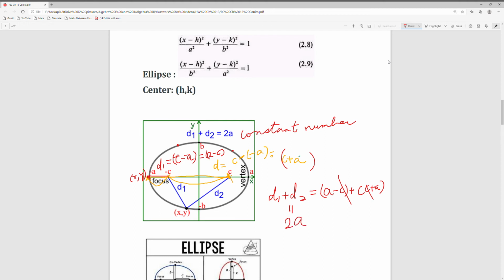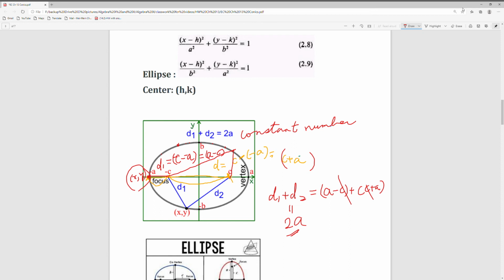Because this point is one of the points on the ellipse, and by definition, no matter which point, if you connect to these two foci, d1 plus d2 is always the same, so it will be 2a. Now this proof is not so important for you, just for you to understand that our formula did not come from nowhere. There is a reason we have this formula.